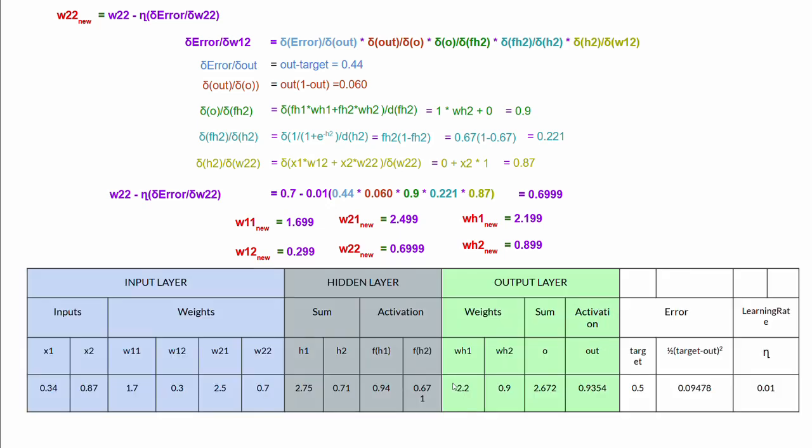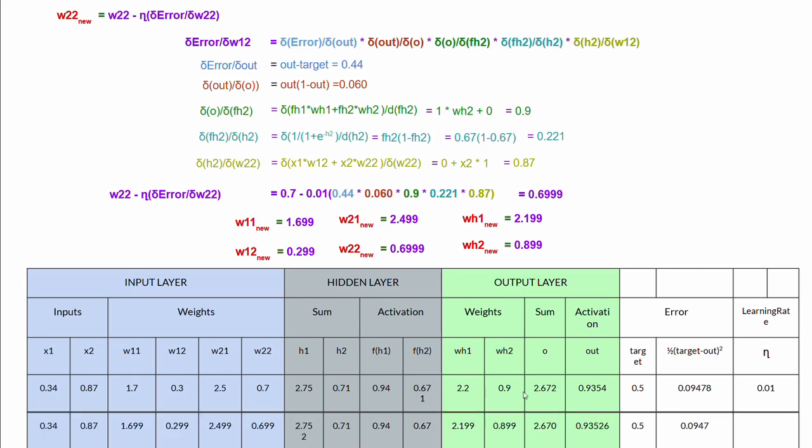This was for the forward propagation, and in the backward propagation we substitute all these weight values and then we evaluate. So once we have the inputs x1, x2 and W11, W12, W21, W22, we can calculate the summations h1 and h2, then the activation function.